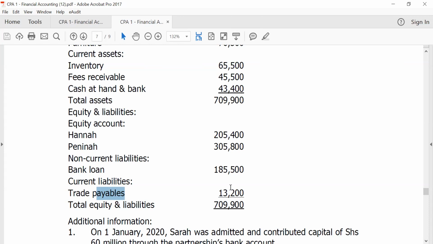When it comes to how it is shared amongst the partners, it will still be based on the profit sharing ratio. We shall still use the same basis of sharing.